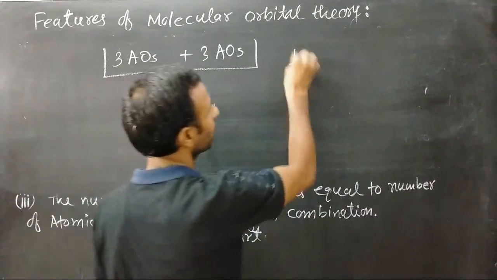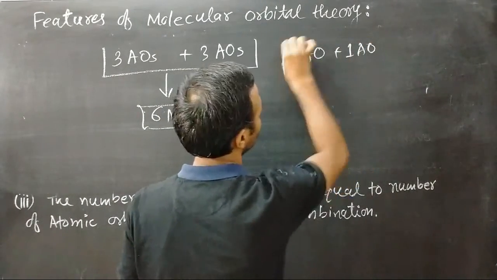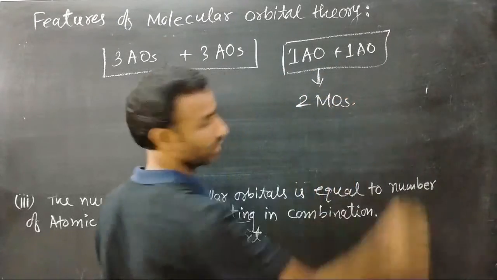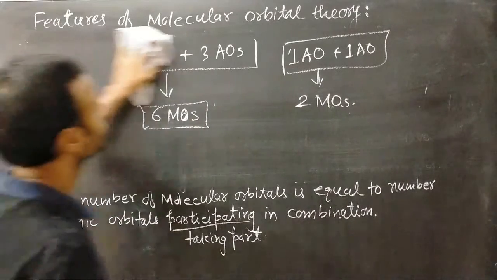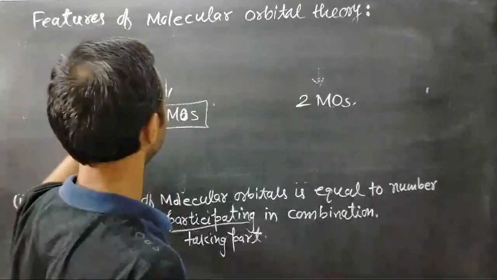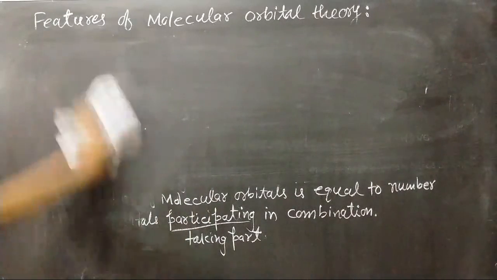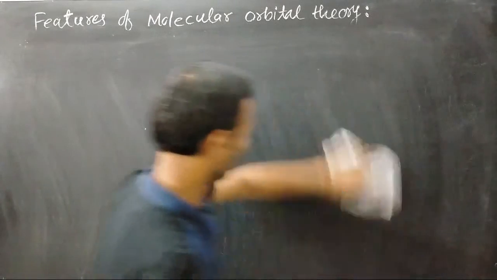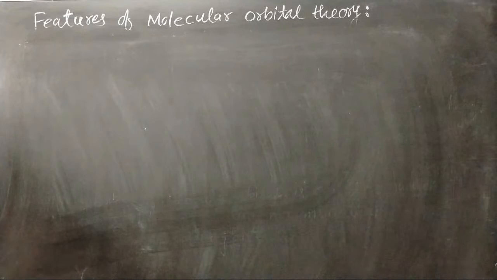If there is one atomic orbital combining with one atomic orbital, we get 2 molecular orbitals. That's it. So this is the third feature of molecular orbital theory.